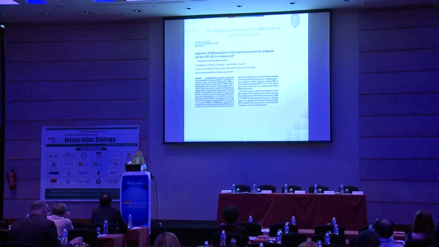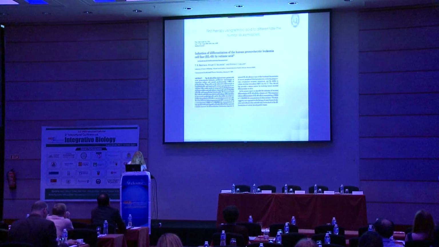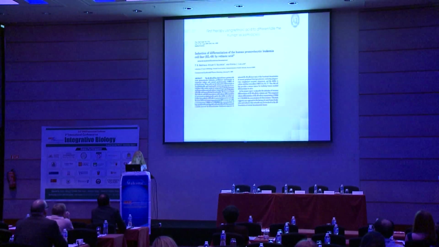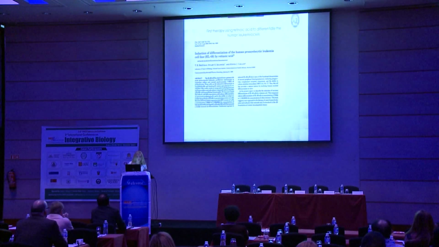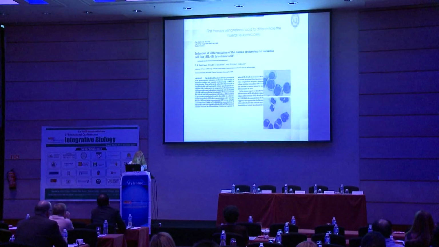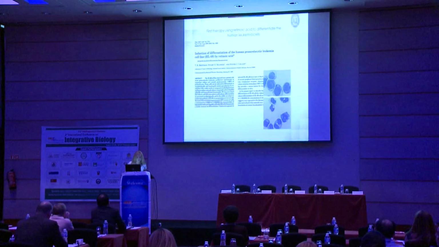And everything started 30 years ago, when attempts were made to treat very different cancer types with differentiation-inducing drugs. To date, the only successful drug used in differentiation therapy is all-trans retinoic acid, but it often results in differentiation syndrome, named retinoic acid syndrome.